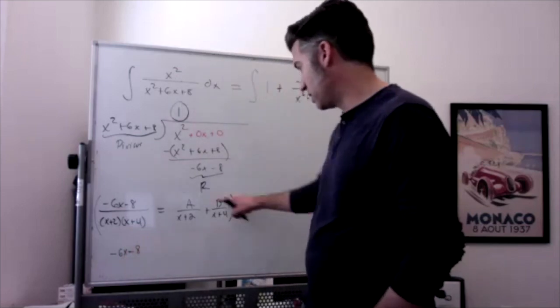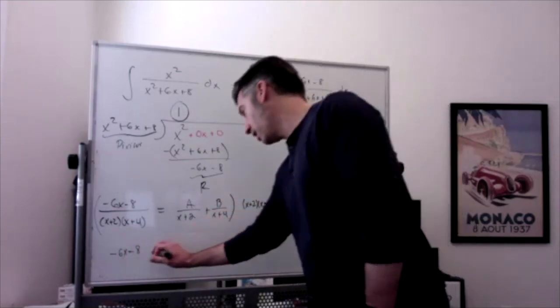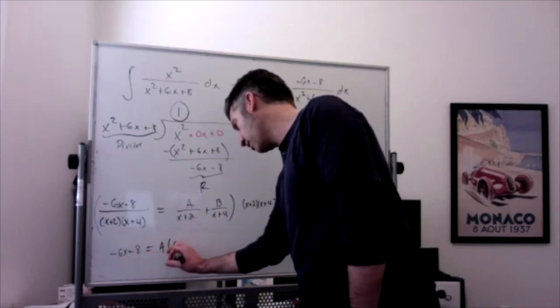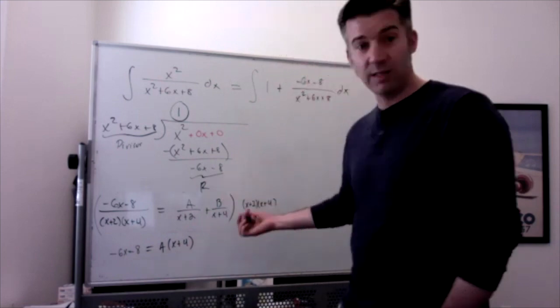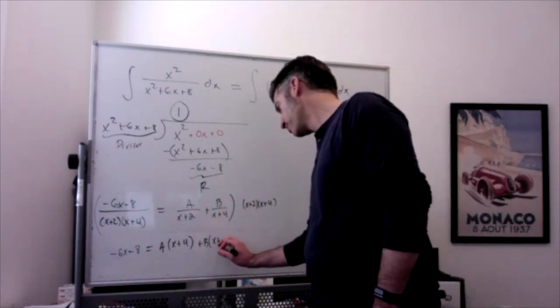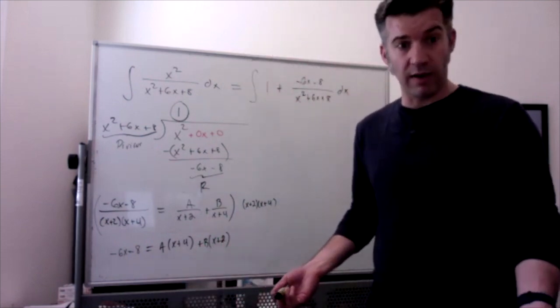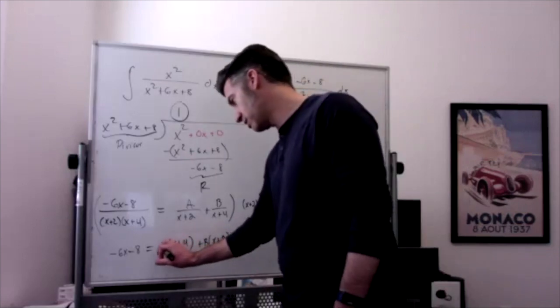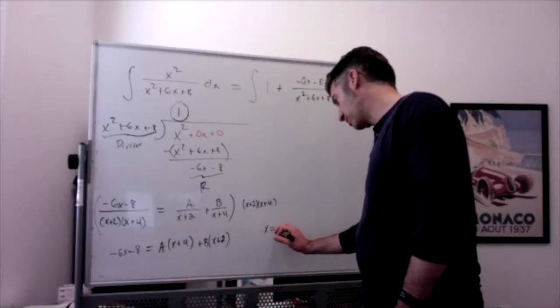When we distribute this to each of those, the x plus 2's cancel, and you get a times x plus 4. When you multiply this by that term, the x plus 4's cancel, and you get b times x plus 2. In this particular instance, we're going to use the convenient values of x method, where we just pick values of x that make something 0. So we're going to pick x equal to -4.